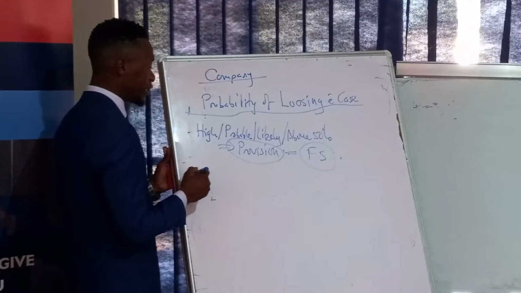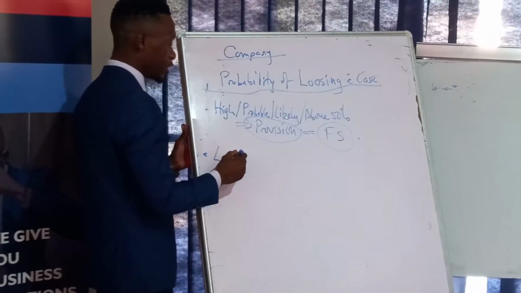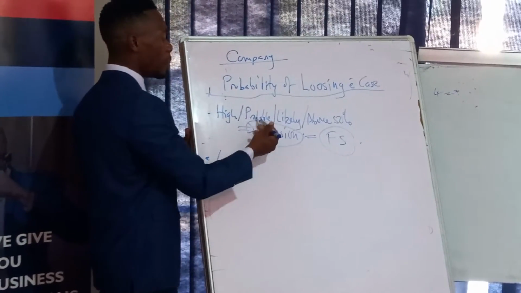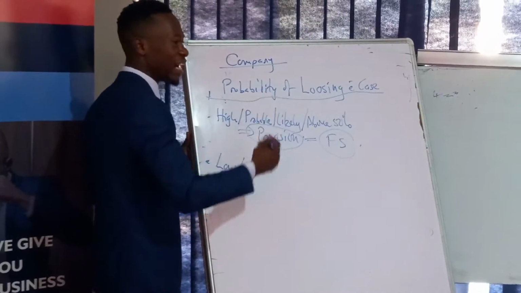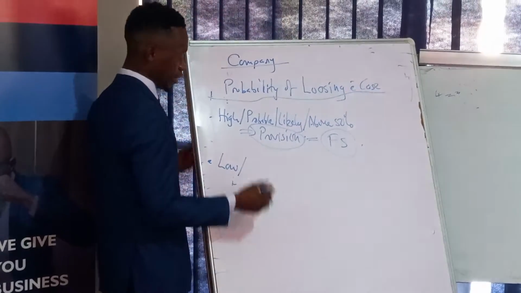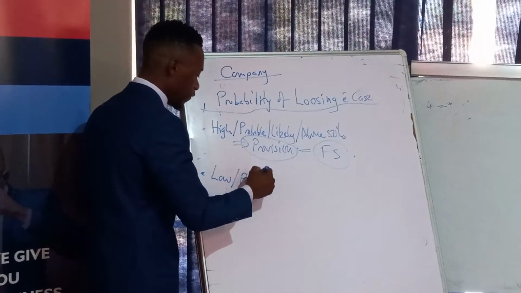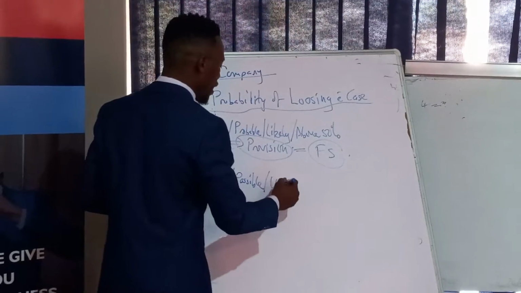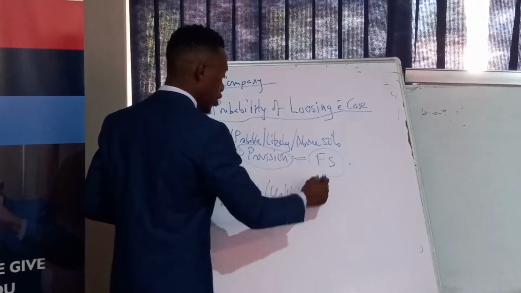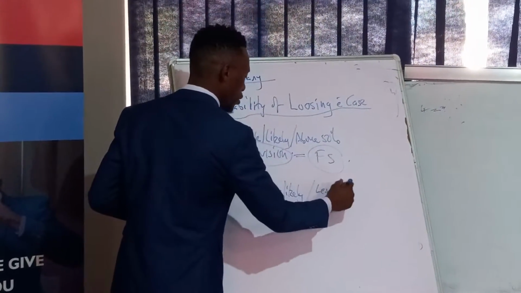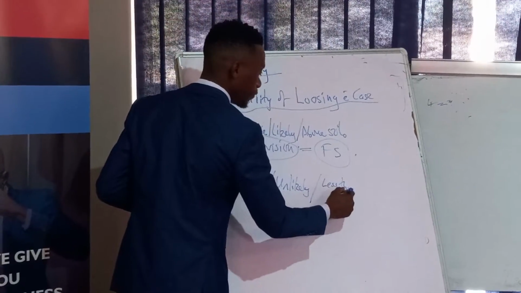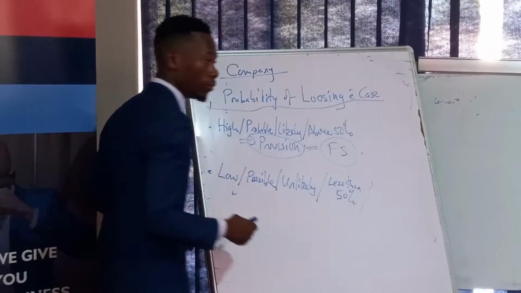If the probability of losing the case is low, or the opposite of probable, if it's not that high, you say it's possible that it might. If it's possible, or if it's unlikely, or if it's less than 50%, you follow?